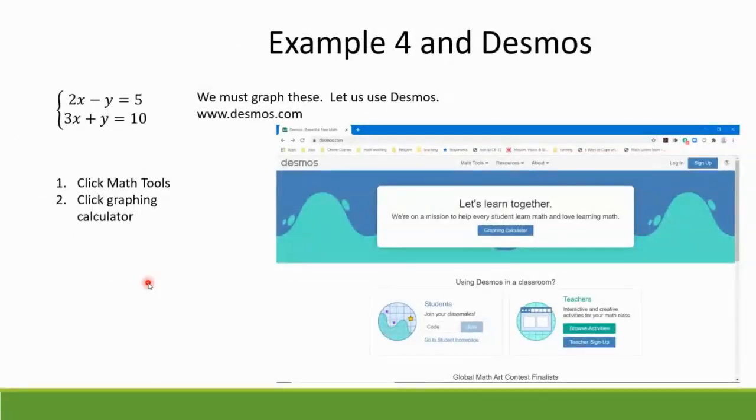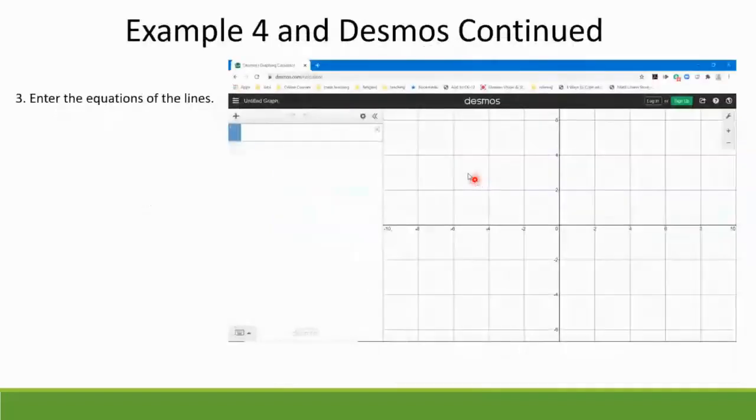Now, as you can see, I'm reminding you how to get to Desmos, because you can graph these in Desmos. You go to the website. You might be logged in, you might not be, that's okay. You go to Math Tools, then you'll get a bunch of different calculators you can click on. You can click on Graphing Calculator. You'll end up in a screen like this.